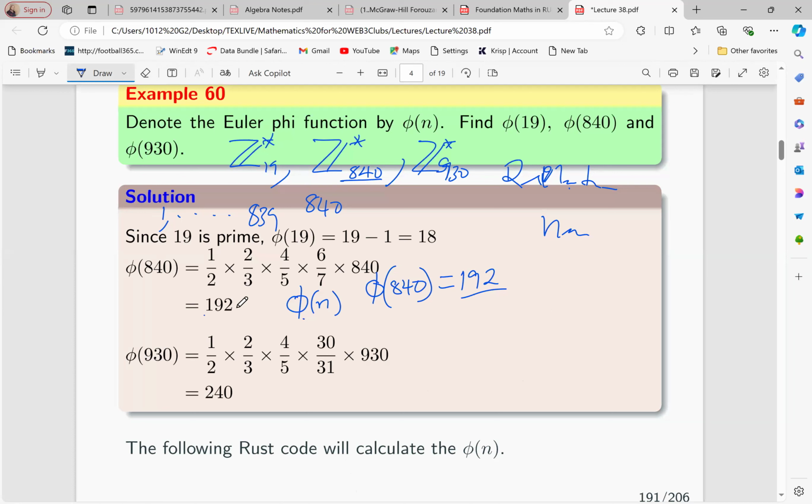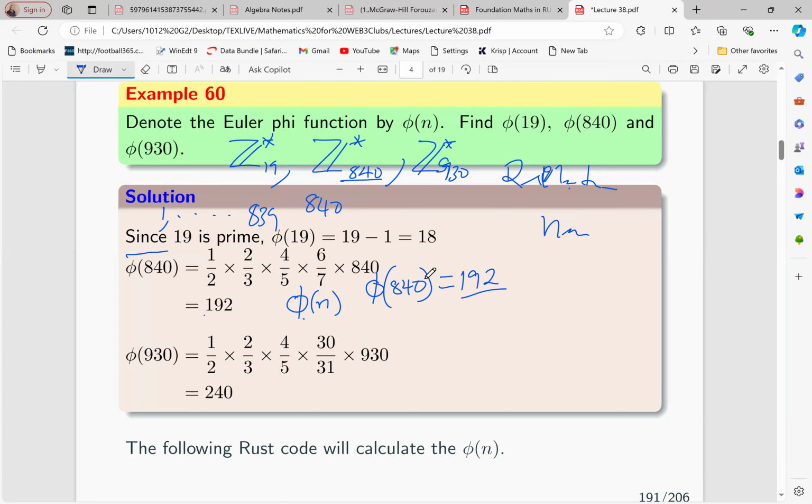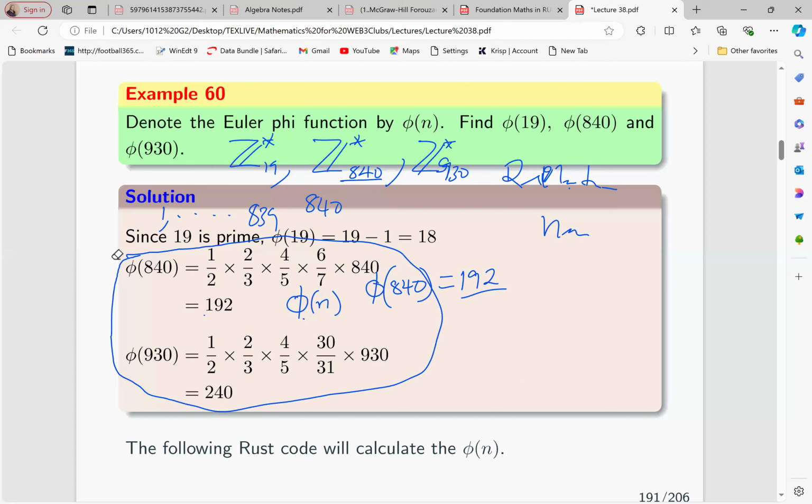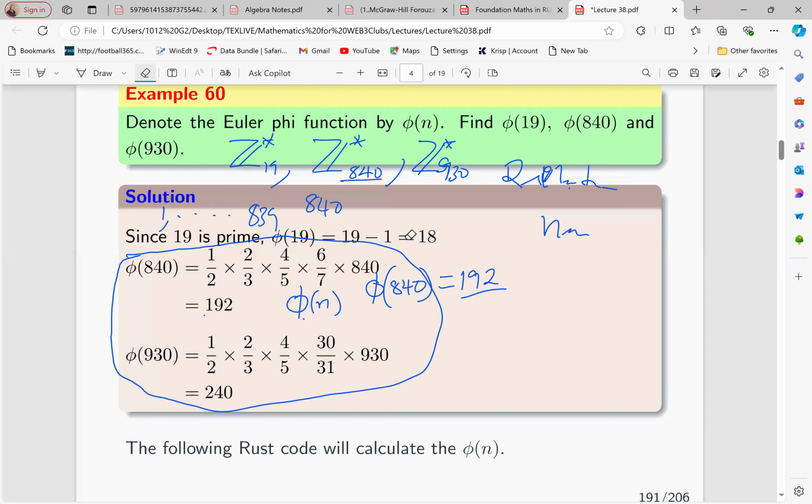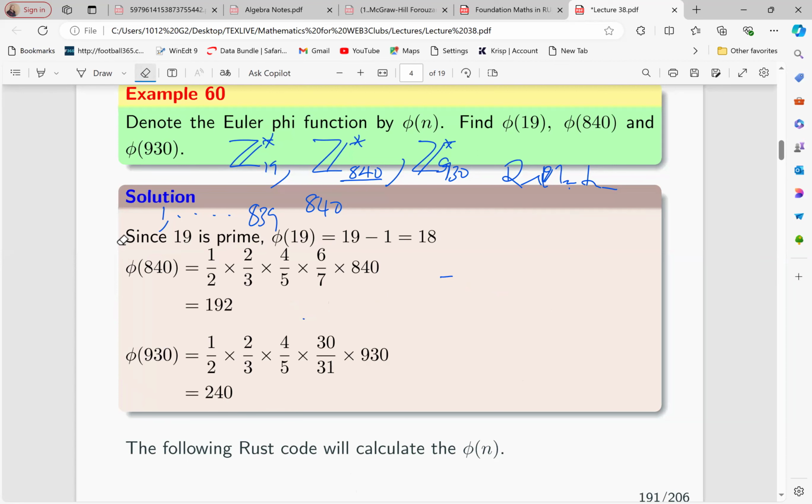So we can also create a relatively prime function, a Rust function, just to work the way these examples have worked, without going through finding the GCD and checking if it's relatively prime. But of course, that is another way. Check which of these numbers are relatively prime.